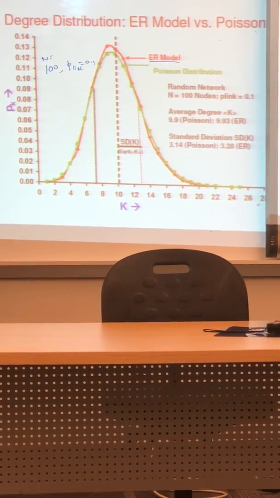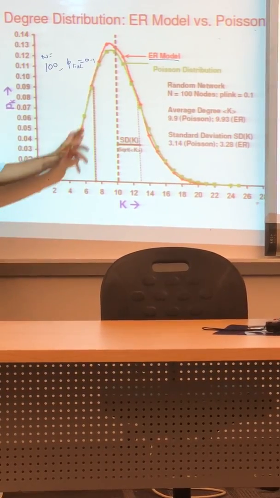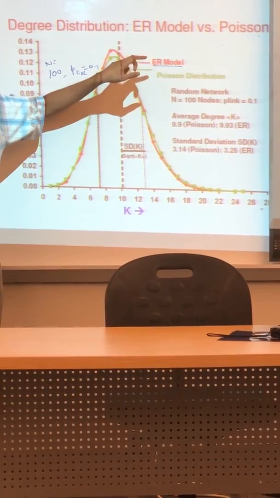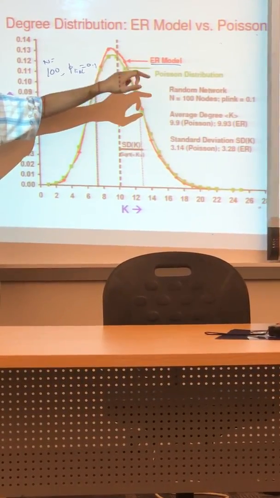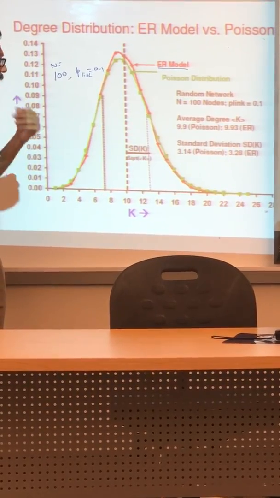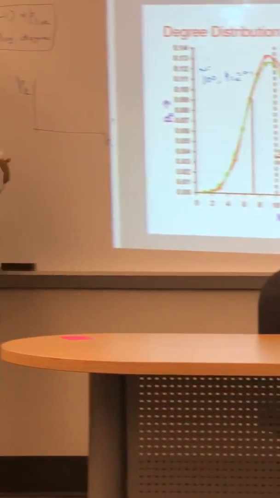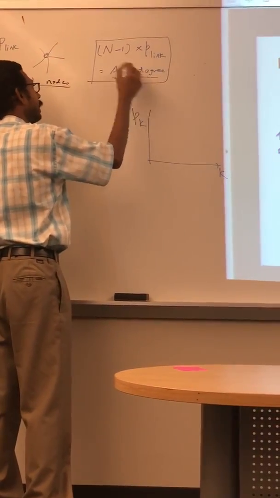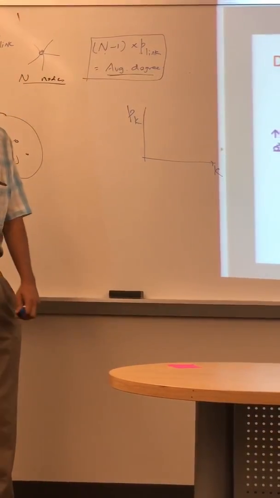Which means the degree distribution of the random network generated according to the ER model is very close to a Poisson distribution. Now, as I said, if n and p-link are given to you, the average degree is n minus 1 times p-link.